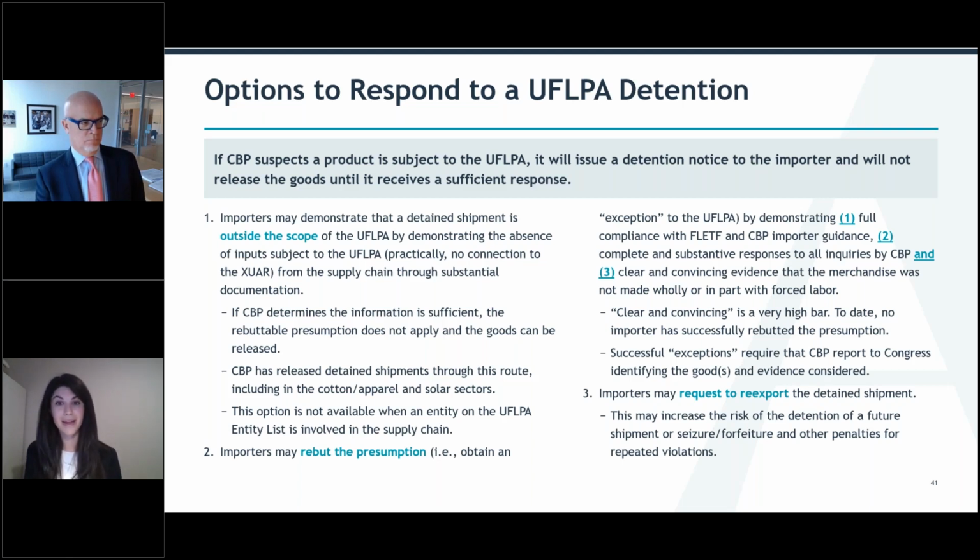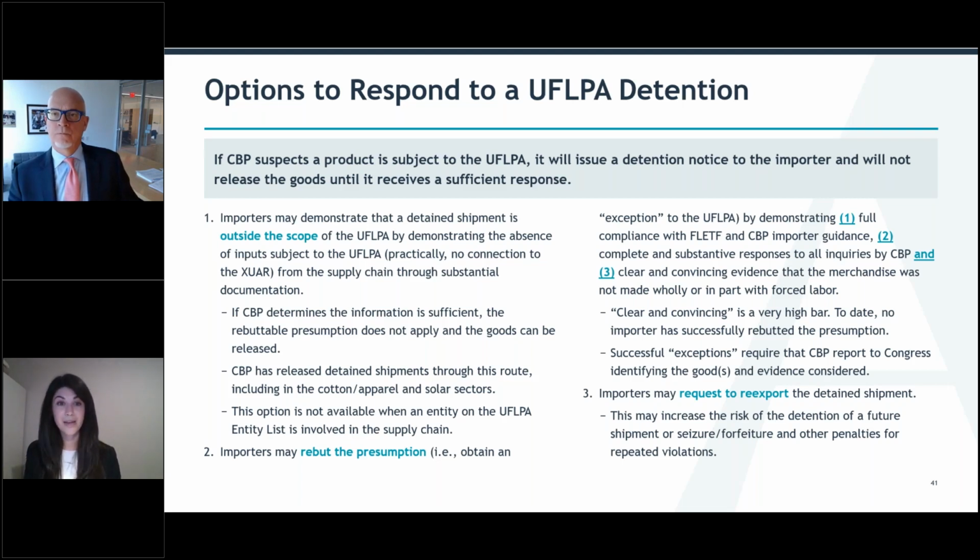This is a very high bar to meet, and it requires importers to furnish an extensive amount of supply chain documentation proving the shipment's lack of connection to the XUAR, and they have to do so in a relatively short response window of 30 days. There have been goods, though, released through this route, including in the cotton, apparel, solar, and other sectors. And so this is a viable option for importers who are prepared to submit an applicability review request.